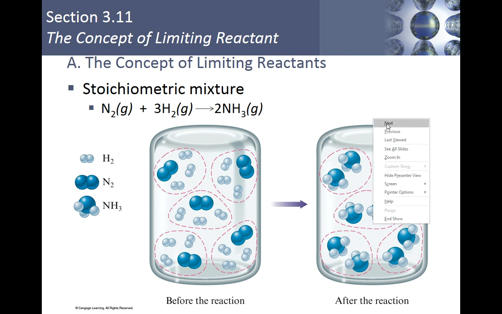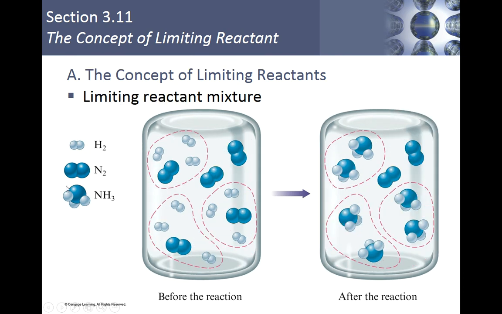Perfect ideal world. But then you have a limiting reactant mixture where in this case, we actually have less H2 in our initial reaction. We don't have the amount of H2 necessary for it to bind with all of the nitrogen that we have present. We would need an additional 6 hydrogens to bind with these remaining atoms right here.